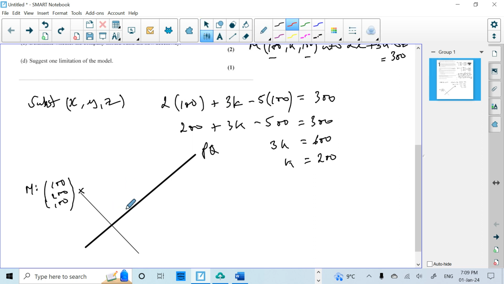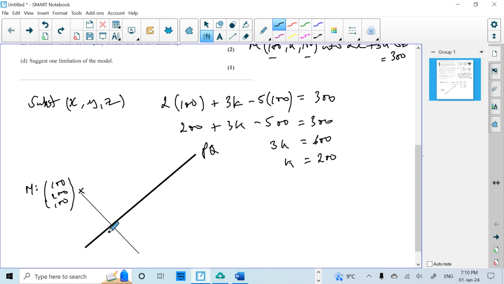Okay, so now because we need to find the coordinates, it's asking me to find the coordinates of that point where it intersects the plane, or PQ.